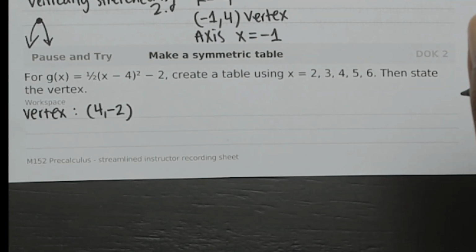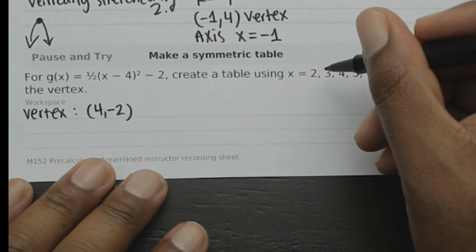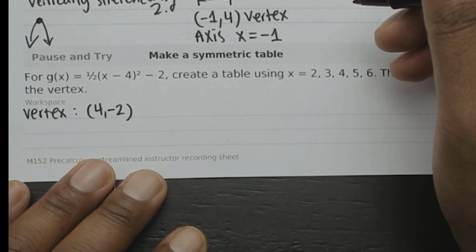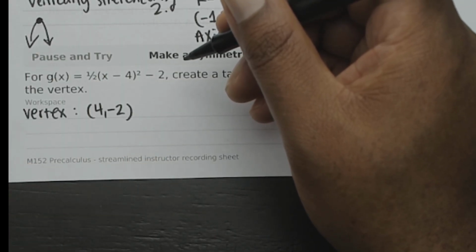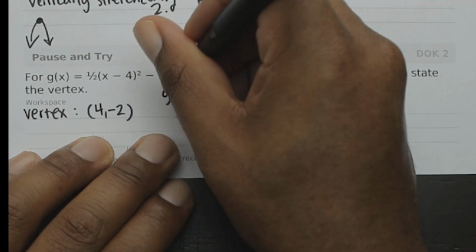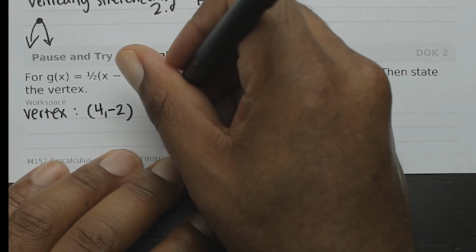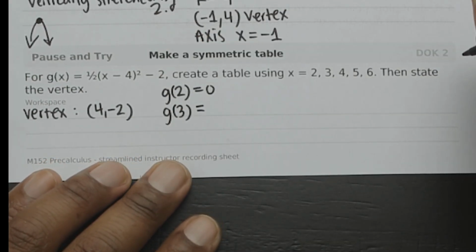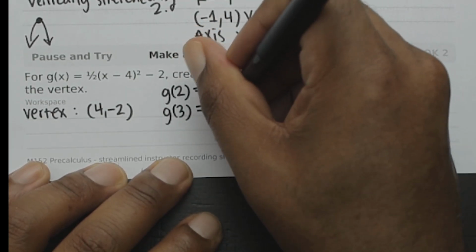Then we can evaluate the given x values. Essentially, we can substitute the 2 in there. When we put the 2 in here, we're going to end up with g of 2 equals 0. If we put the 3 in there, we're going to end up with -3/2.